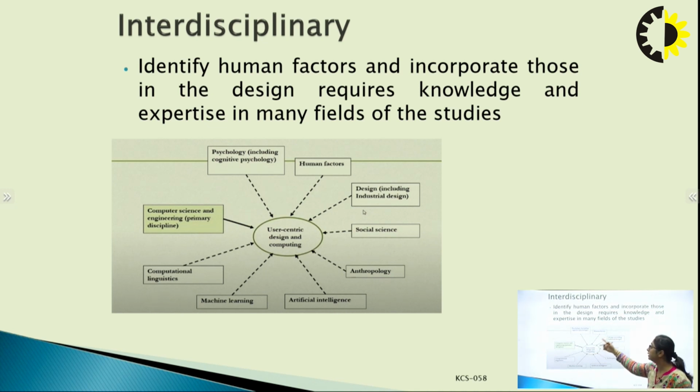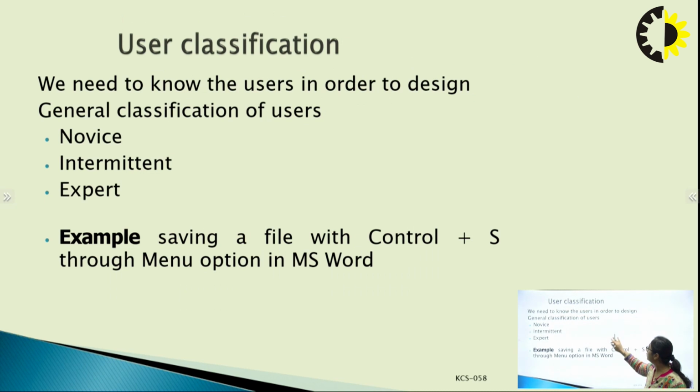The first factor is the human factor. Of course, you are making an interface, a game, a website, designing software, everything for what? For the user. Okay, so the human factor contains the most important role.